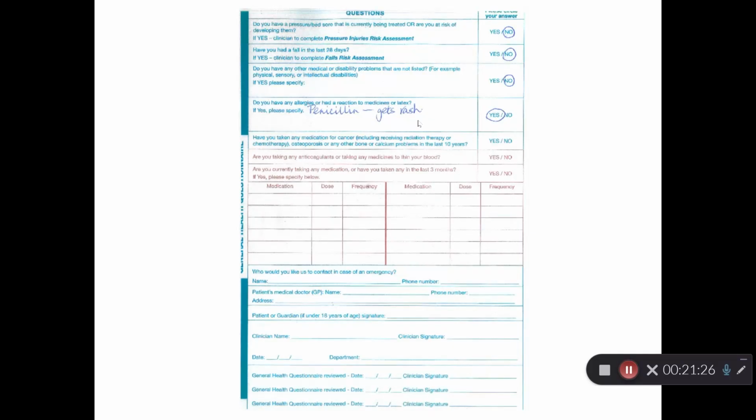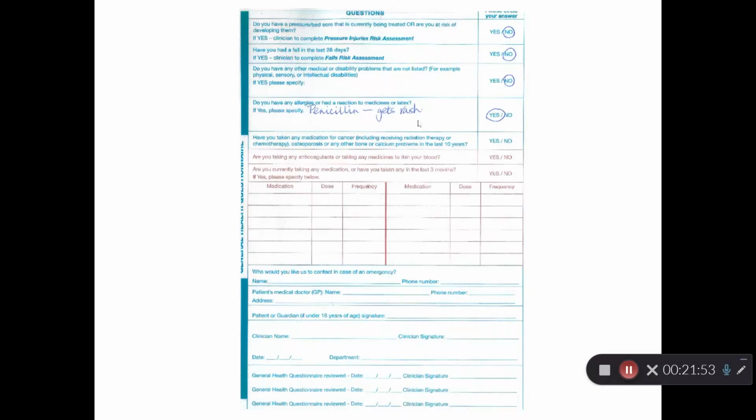You'll get all of this information, whatever you're recording, checked by your demonstrator, and they will follow up all of these answers as well to double check that your information is accurate. Next question, have you taken any medication for cancer, including receiving radiation therapy or chemotherapy? Now, this is a huge question, and I would never ask any more than that in one go.